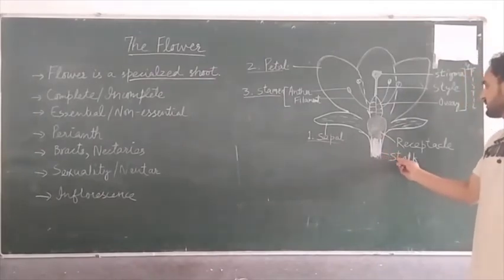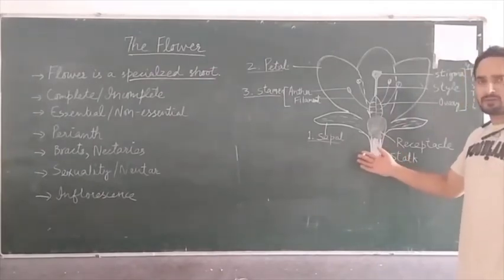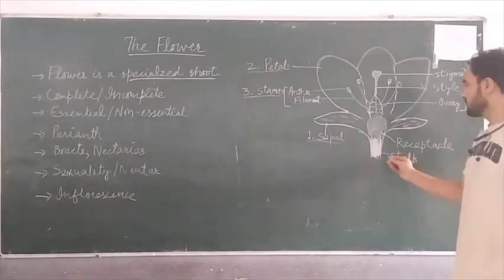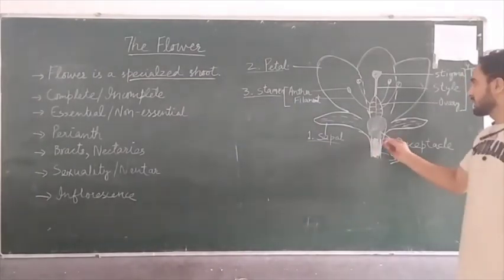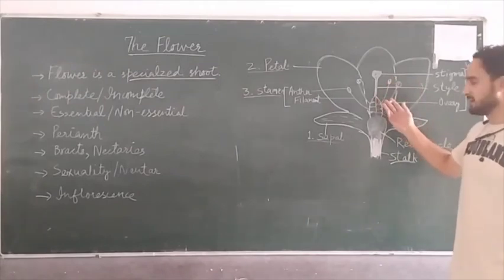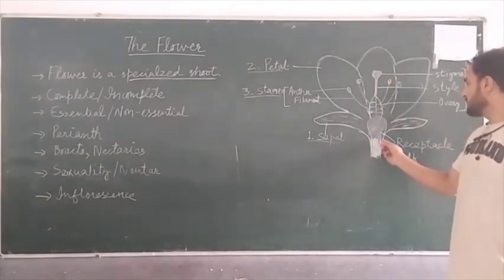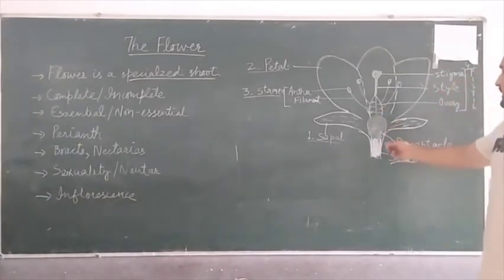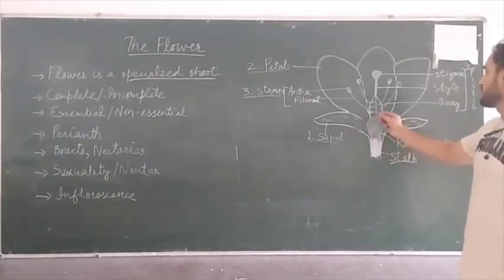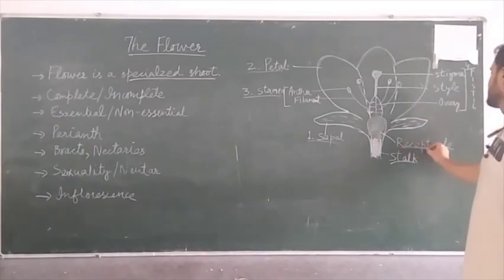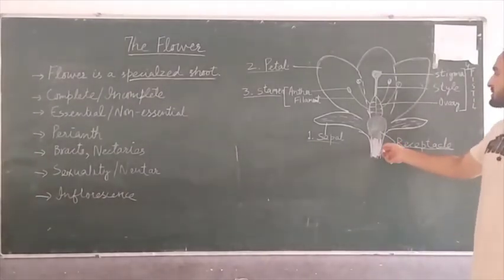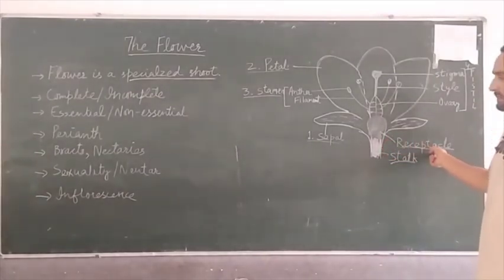The flower is arising from the axil of any leaf or from the stem through the stalk. The upper part of the stalk may sometimes be swollen, which is known as the receptacle, R-E-C-E-P-T-A-C-L-E. The swollen part of the stalk is known as the receptacle.